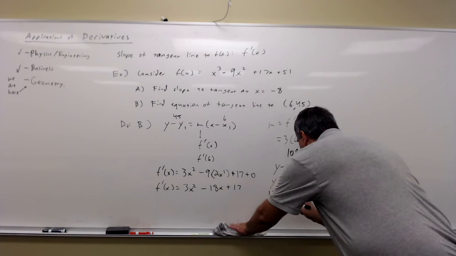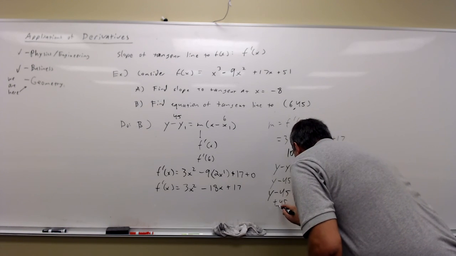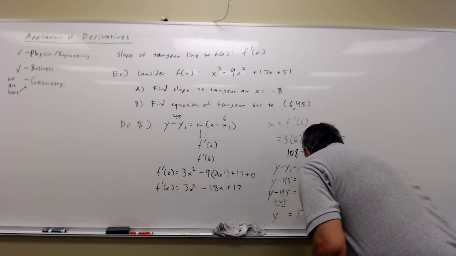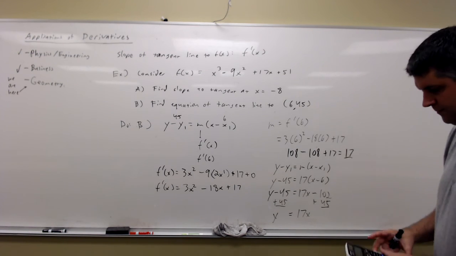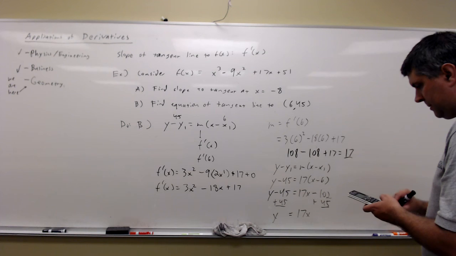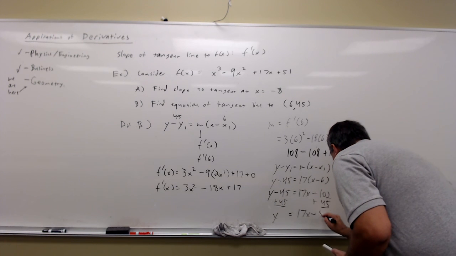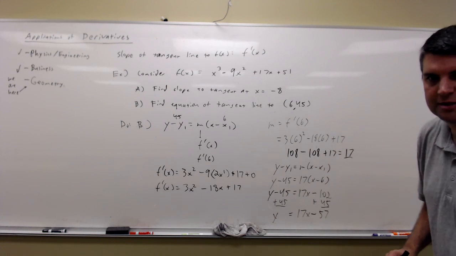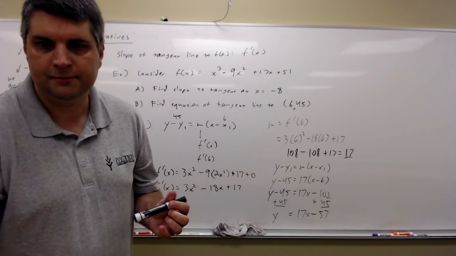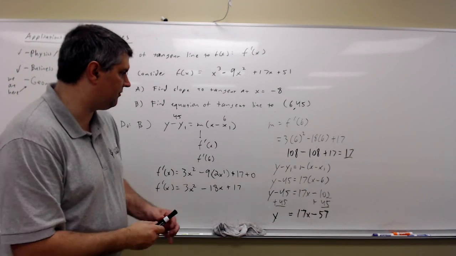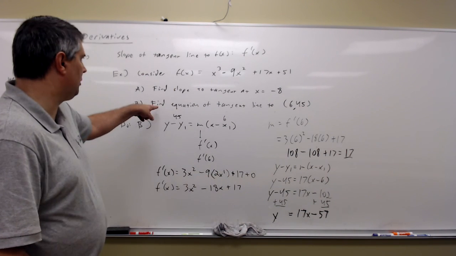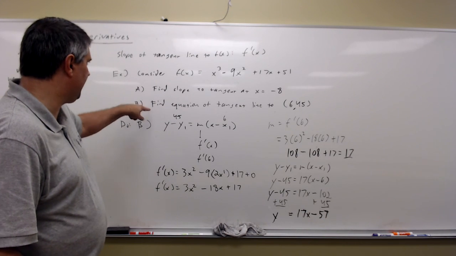Go ahead and add the 45 back. And y equals 17x minus 102 plus 45, minus 57. That would be the equation of the tangent line. So this is the final answer right here. Okay, final answer. So the equation of the tangent line to this point right here. Okay?